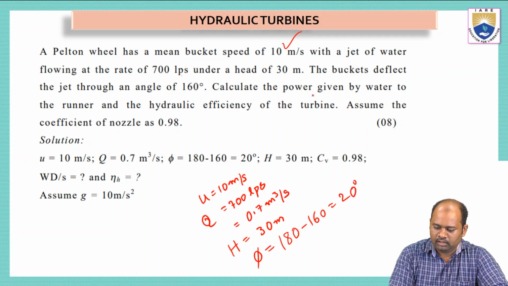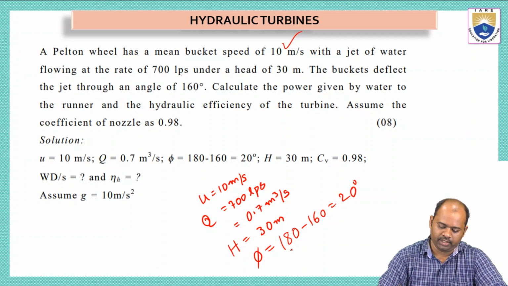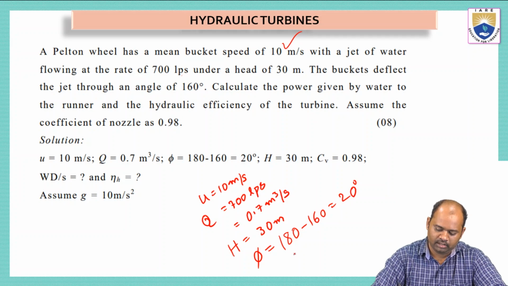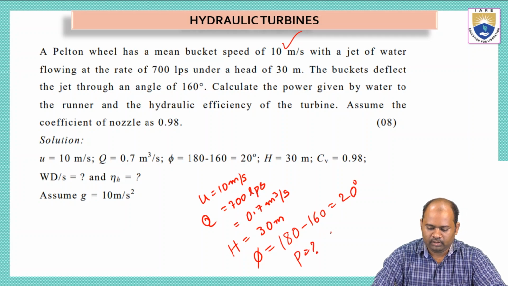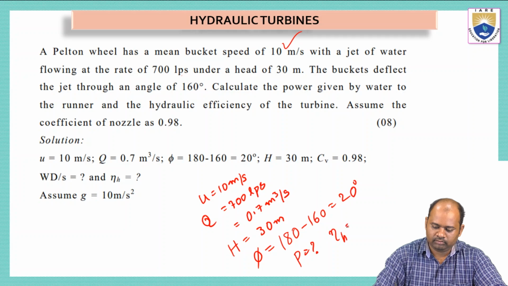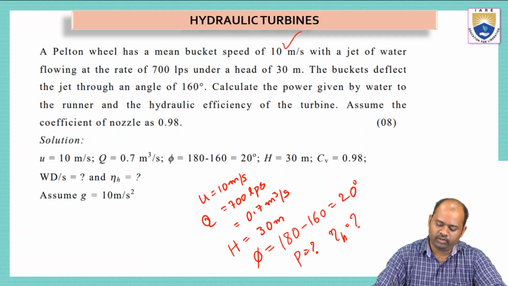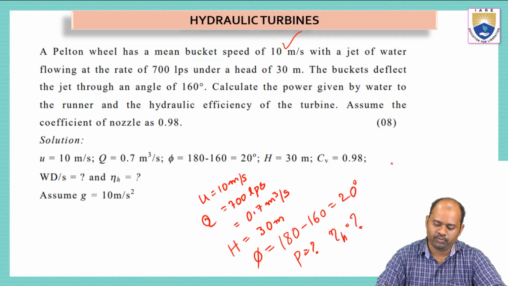And then calculate the power given by the water and the runner and the hydraulic efficiency of the turbine. So what are the things we have to calculate? Power and hydraulic efficiency. We have to calculate these two again, by assuming the coefficient of nozzle is 0.98.